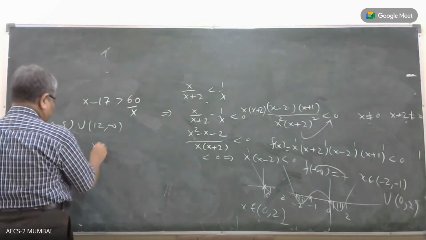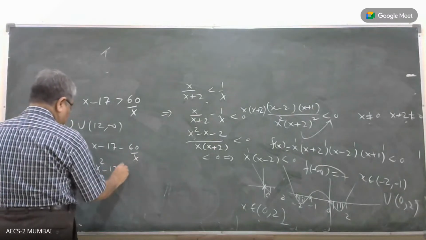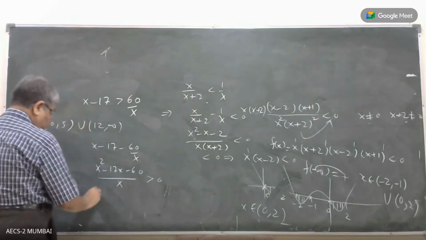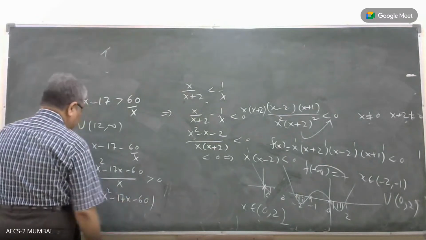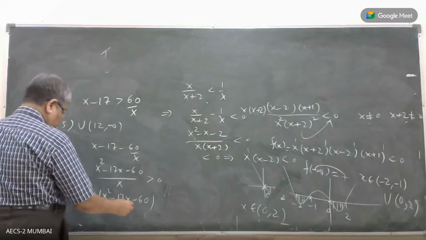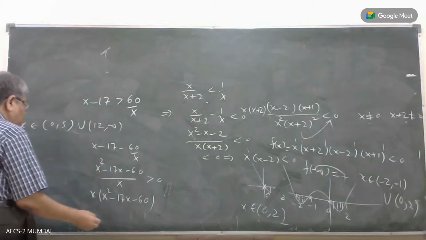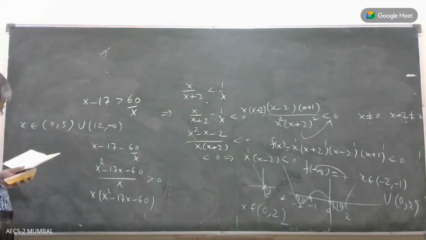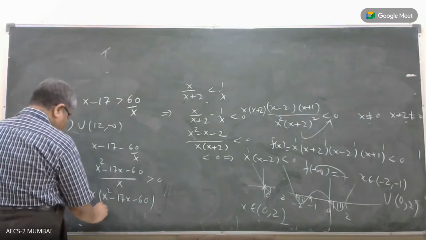So you do this. Correct? X minus. Okay, let us see. So this X, and what are the factors?